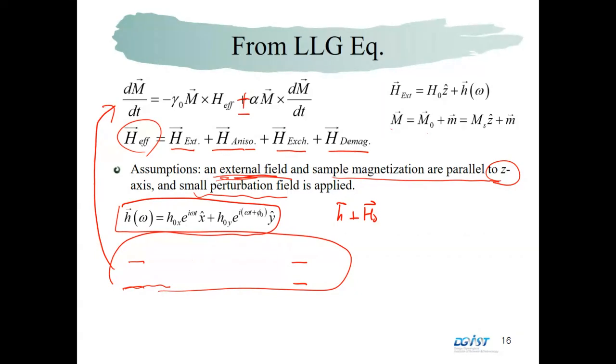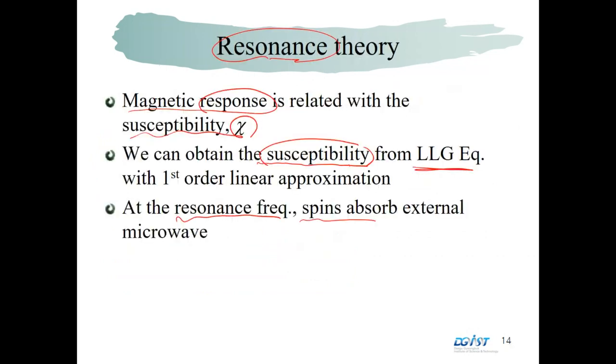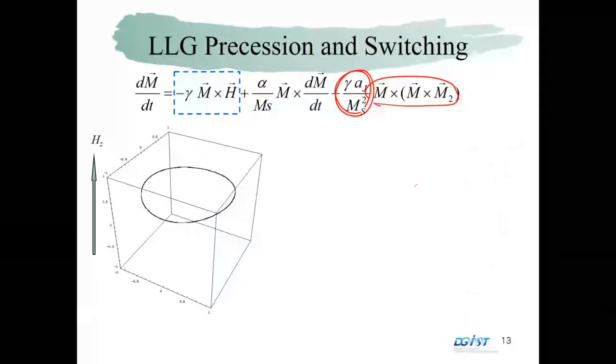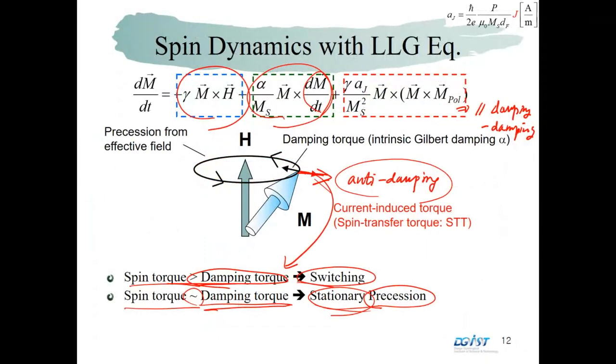Actually, damping should decrease the system energy. So when you set up the equation, the direction of damping should be this direction. Here, in a top view, if you have a precession here, dm/dt is this direction.